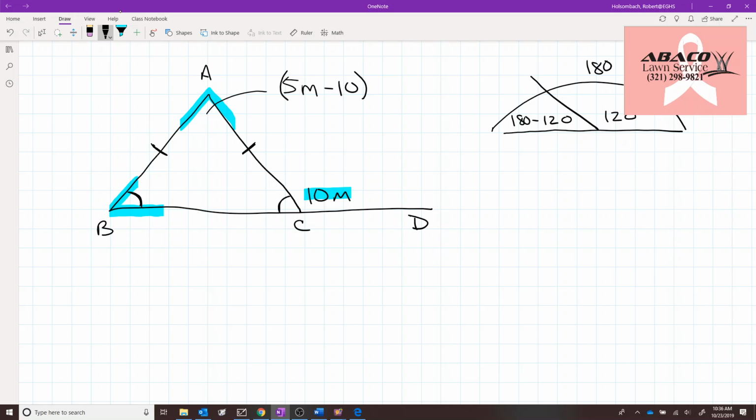Because if you know angle ACB down here, then you also know angle B. So using this same concept, we can say that this angle is equal to 180 minus 10M. And if this base angle on the right is 180 minus 10M, then the base angle on the left is also 180 minus 10M.